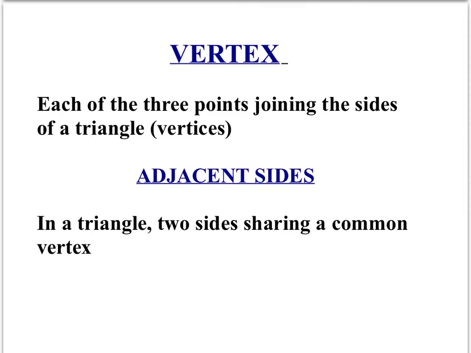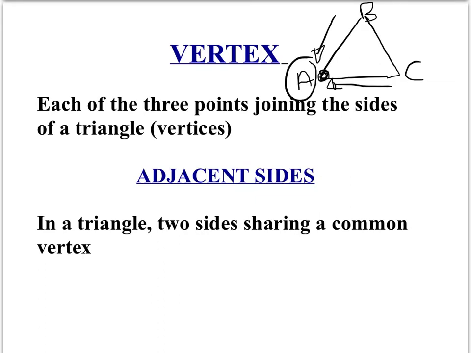Okay, so now we want to talk about vertex and adjacent sides. So when we're looking at a triangle, each of the three points joining the sides of a triangle, we call those vertices. So if I have a triangle right here, I'll call this one A, this one B, and this one C. So you notice that these two sides of the triangle come together right here at this point. We would call A a vertex.